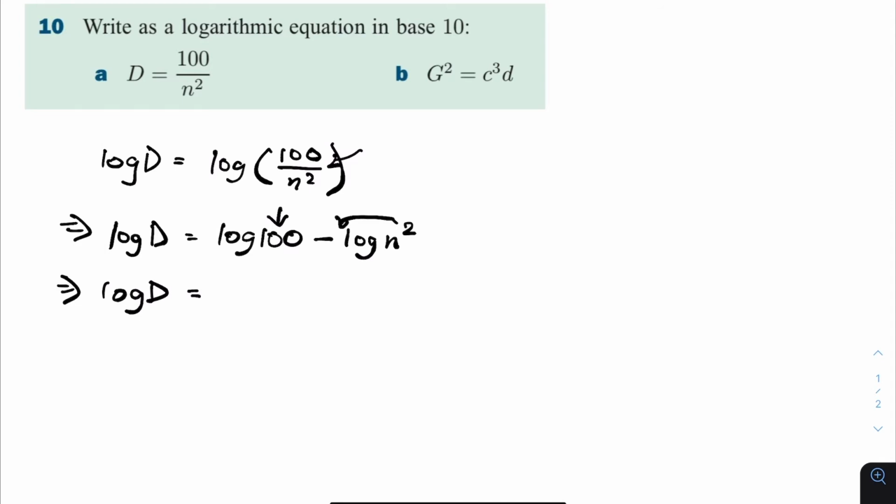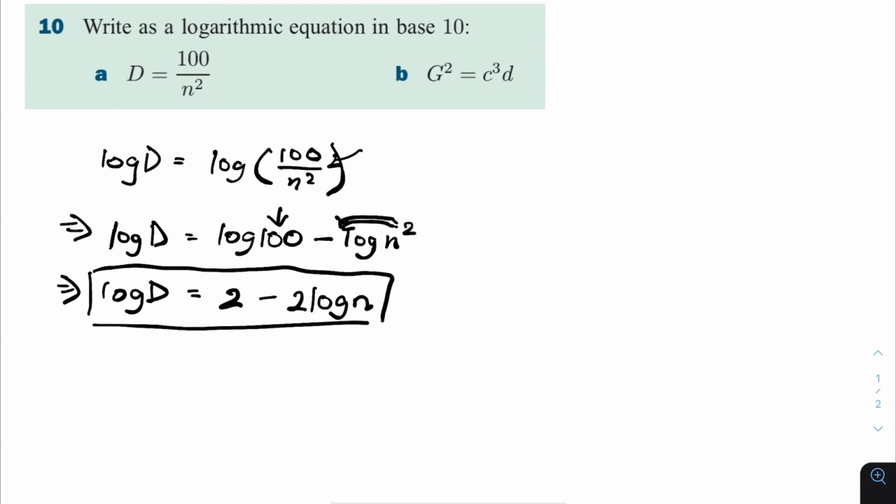So realize that since it's to the base 10, 10 to the power of x can get us 100 with an integer. 10 squared gives us 100. So that means log 100 is actually just 2. So it's 2 minus, and then we can bring this down here to give 2 log n. So this is the equation that we got. That's correct. Now let's go to question B.